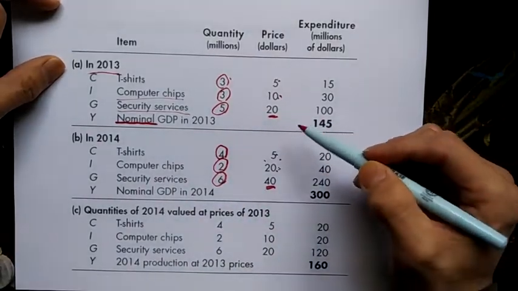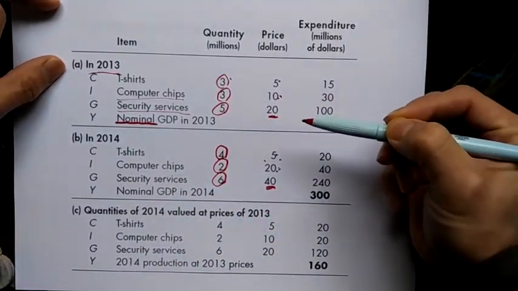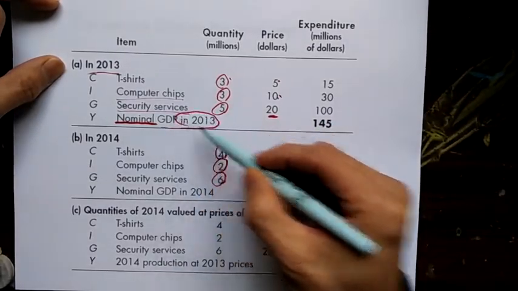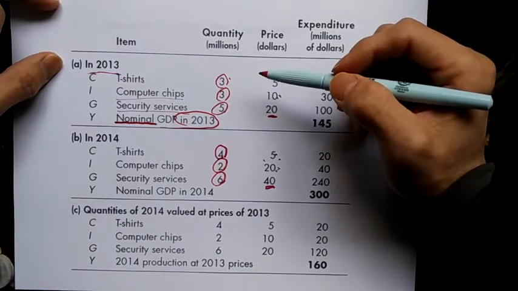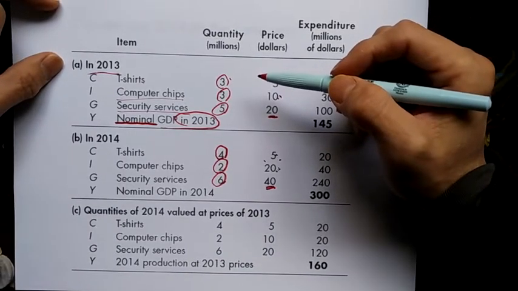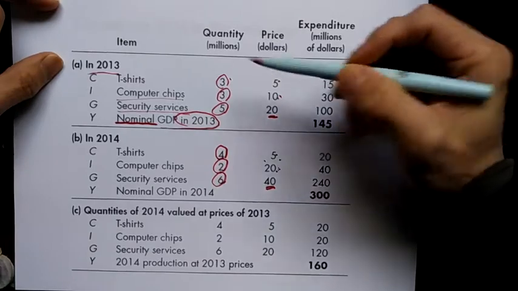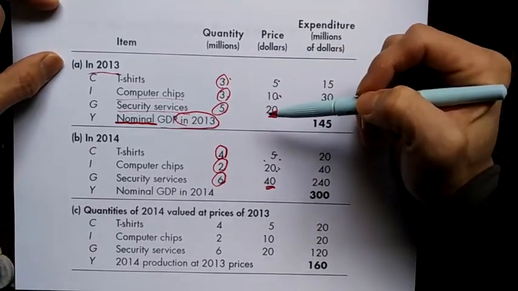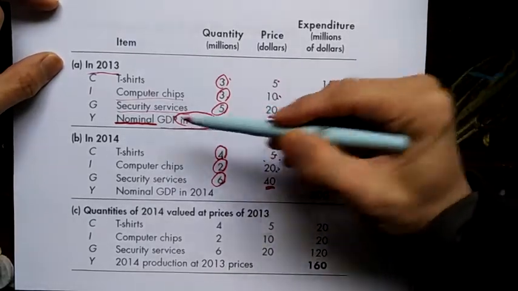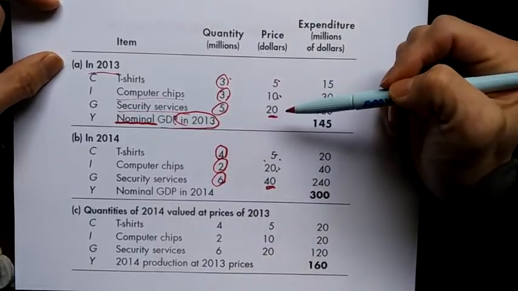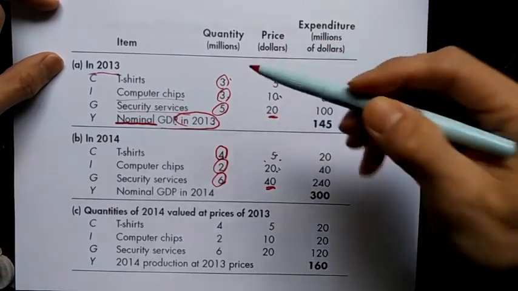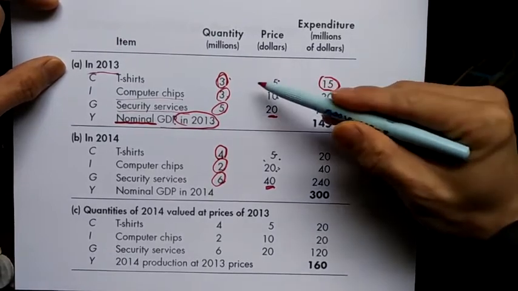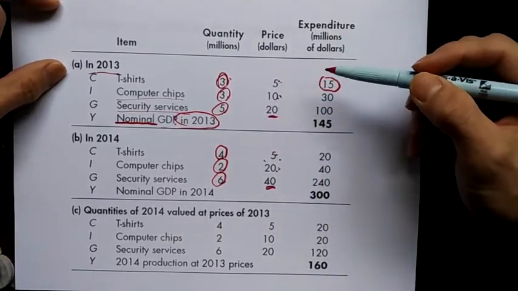Remember, nominal GDP is the market value. So what is the production in 2013? Answer? The production in 2013 is 3 shirts, 3 chips, 5 services. Then what is the market value of the production in 2013? The answer is 3 T-shirts, the market value is $15, 3 multiplied by 5.